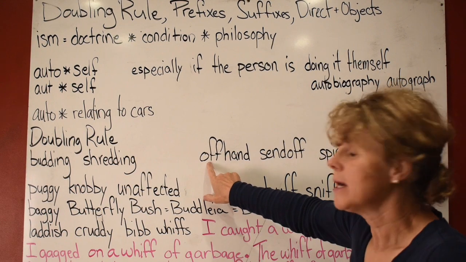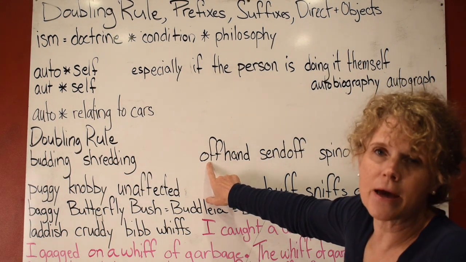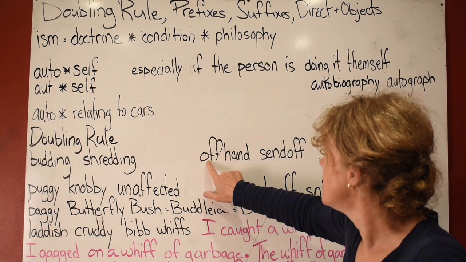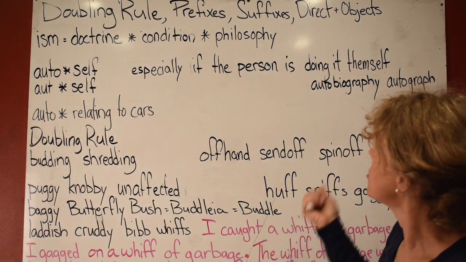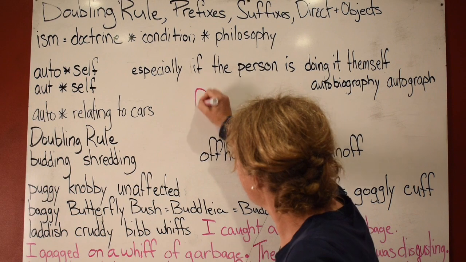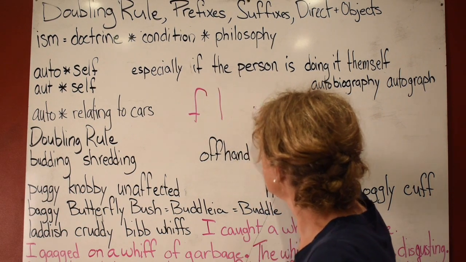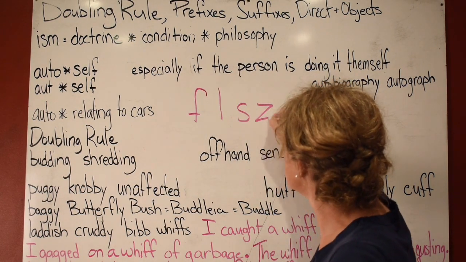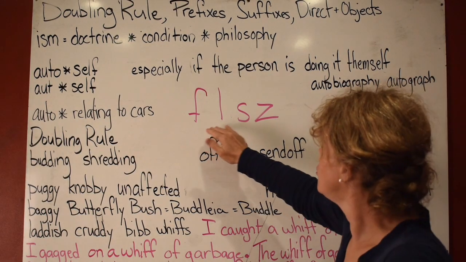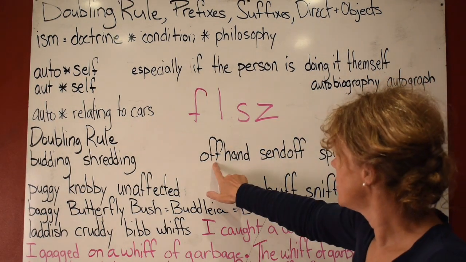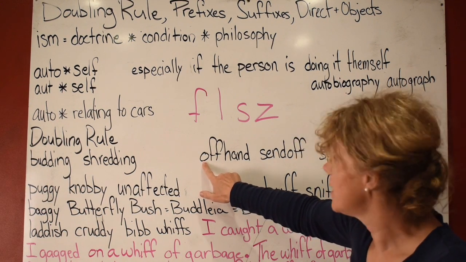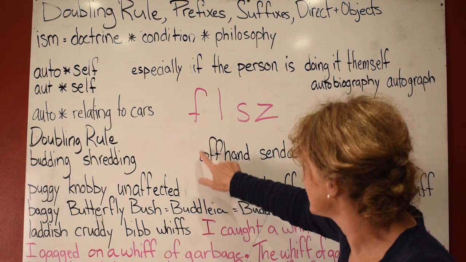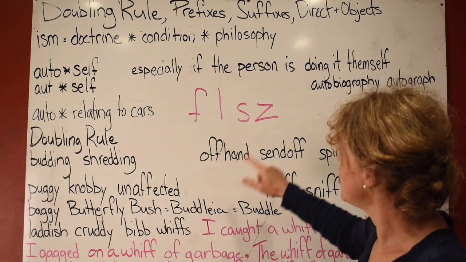If you had a C or an N or any of the consonants between the F and the vowel, it's not going to be doubled. So if you have an F, L, S, or a Z, you are going to double it. If you have one vowel and it's followed right next to it, then it's going to be doubled.